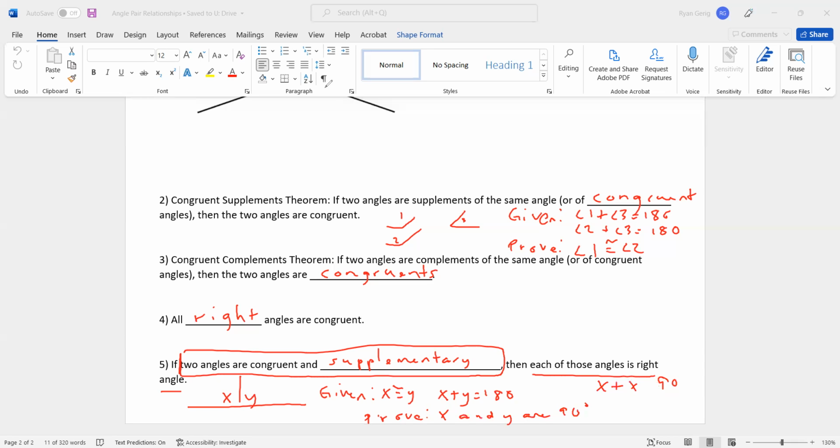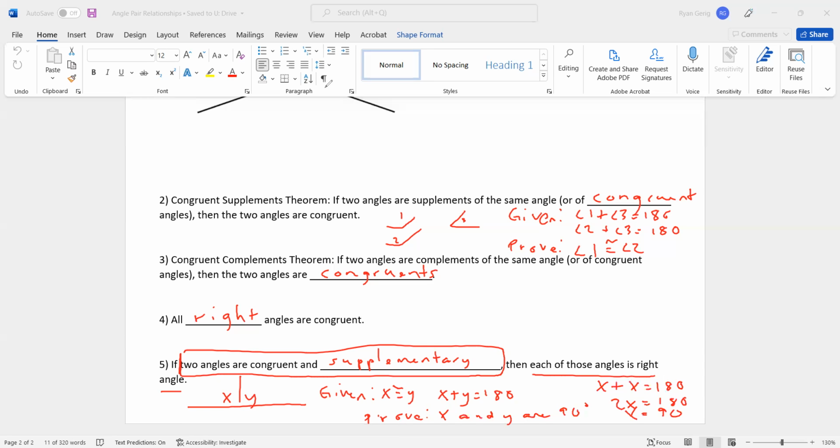Sorry, writing feature here is not doing too great. There we go. But x plus x is 2x. Divide by 2 and you get x equals 90. And since x equals 90 and y is equal to x, y is also 90. So I just proved that last theorem.